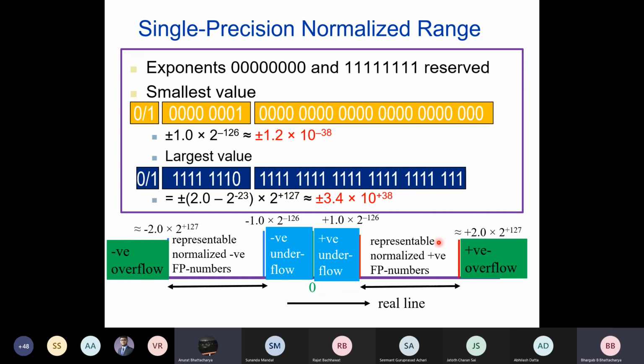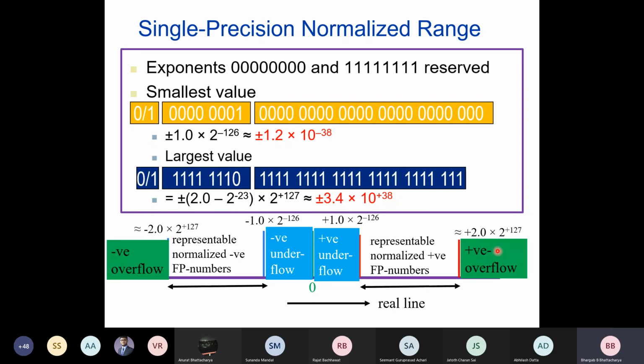Right, return the special value, like the infinity value, where the exponent is all 1 and the mantissa is all 0. So this will be set to plus infinity, this will be set to minus infinity. That's why in floating point hardware you don't need an explicit overflow checker.